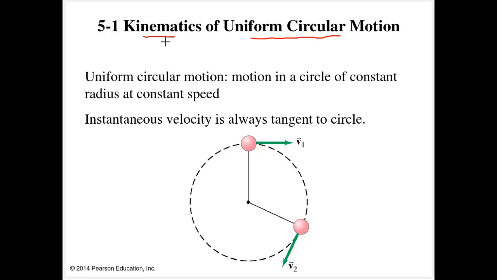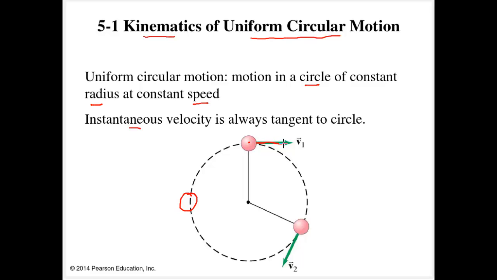Kinematics means that it's moving, and uniform circular motion means that the motion is occurring in a circle with a constant radius at a constant speed. And let's talk about that for a second here. If I were to look at the instantaneous velocity of an object as it's being flung around a circle, at any given point, what is its velocity?